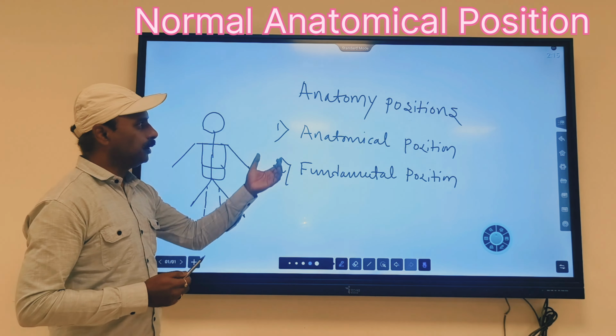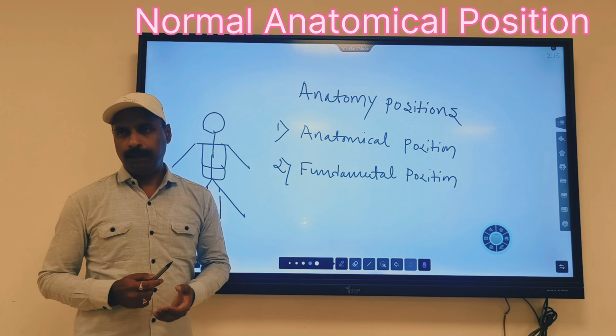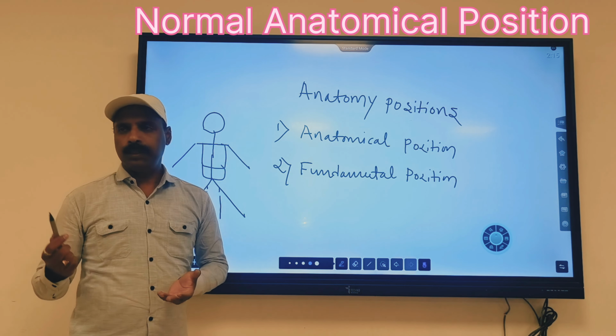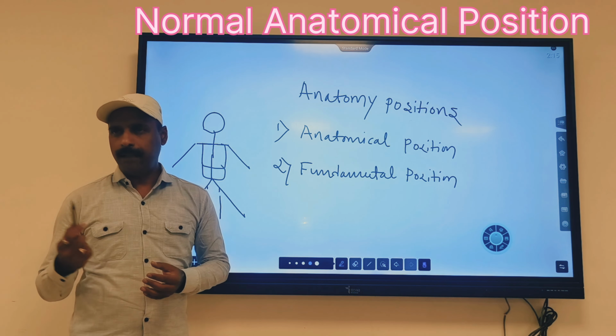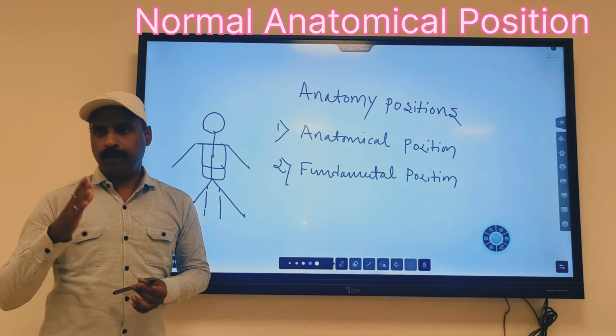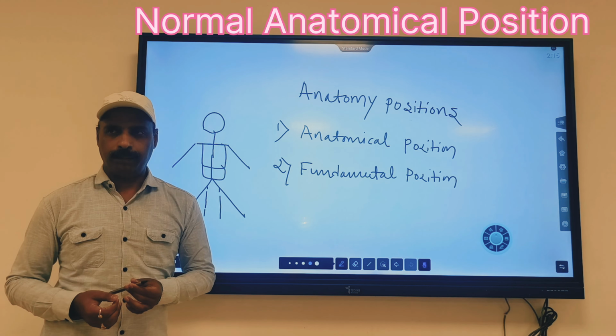So the anatomical position is when we study the body, either in the living or in the dead, whatever position it is, we have to consider whether it is in the anatomical position, the fundamental position, or not in the anatomical position.